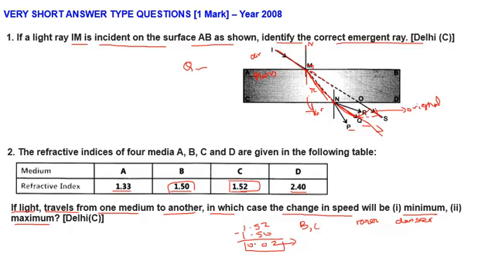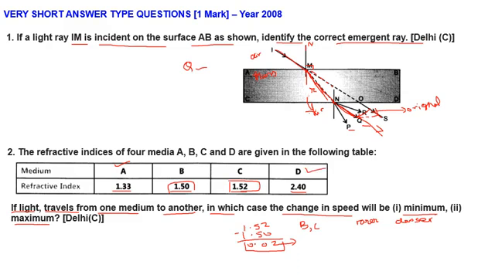And when there will be a maximum change, we have to look for the two media which have the maximum difference in their refractive index. Which medium has the least refractive index over here? Medium A has the least refractive index, and medium D has the maximum refractive index, right?